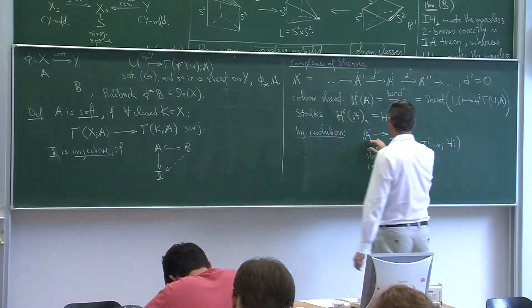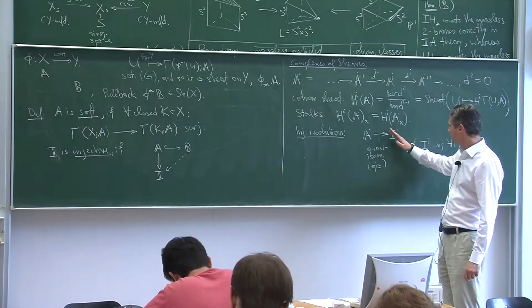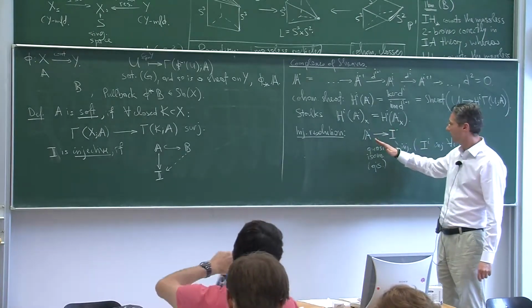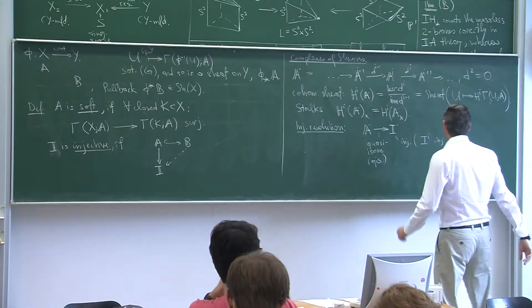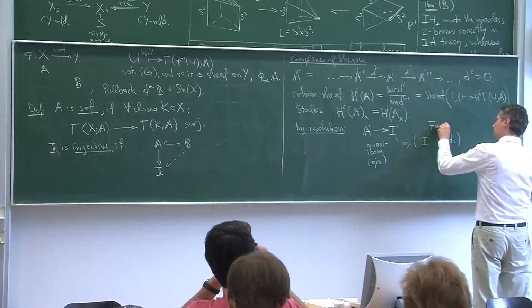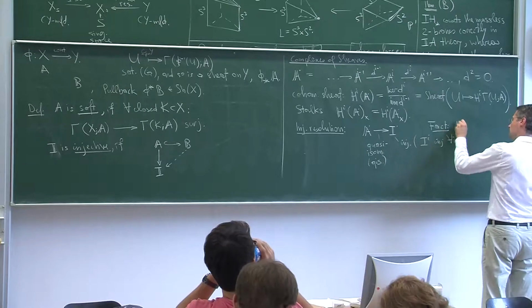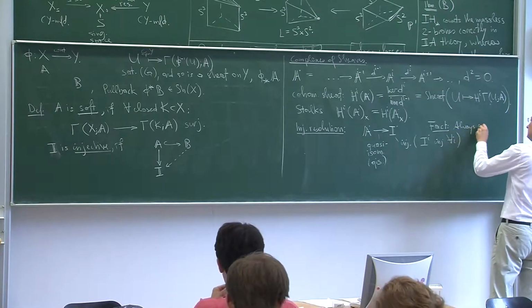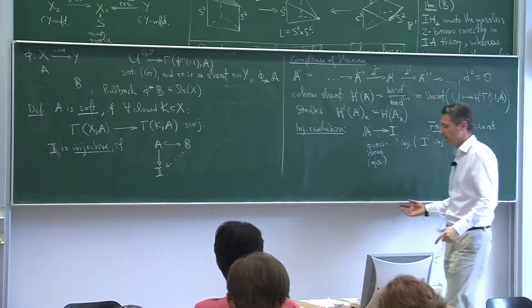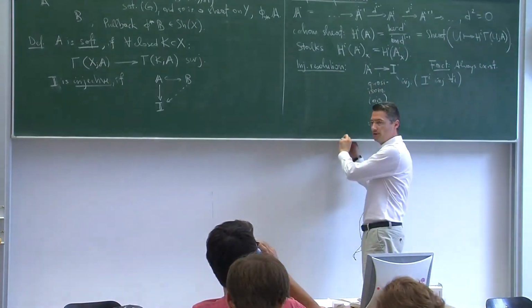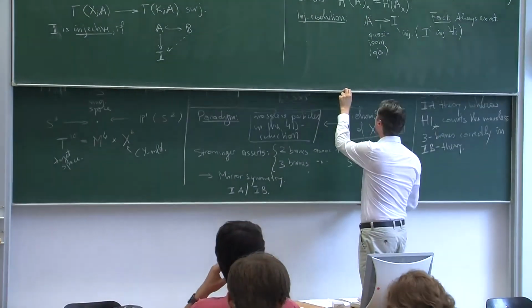So if you have a quasi-isomorphism to an injective complex of sheaves, you call that an injective resolution of A. And the fact is, these always exist. That's not too difficult. These are fairly standard arguments to show that you have such resolutions.